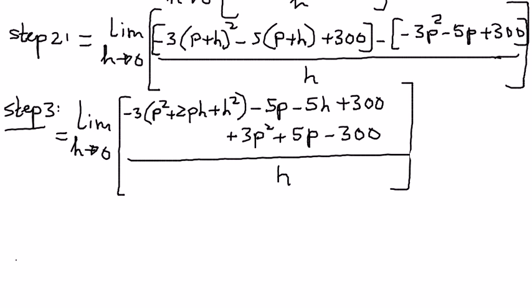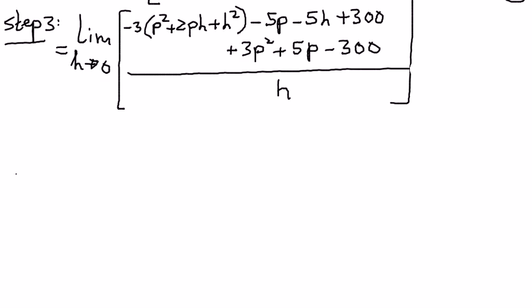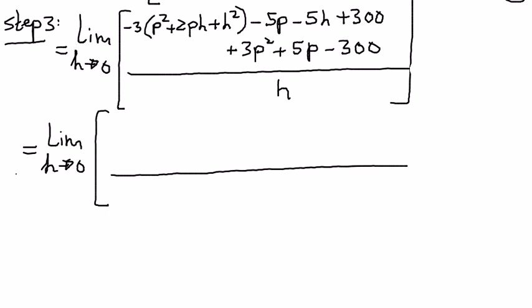Now, we can simplify the numerator some more as follows. The limit as h approaches 0, we can write the numerator part as follows. We're going to distribute the negative 3 to every one of the terms inside the parentheses: negative 3p squared minus 6ph minus 3h squared.